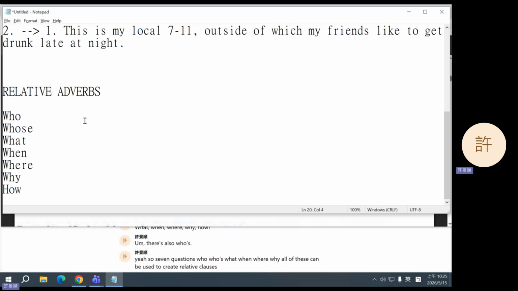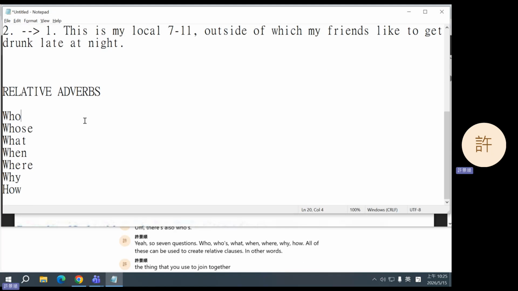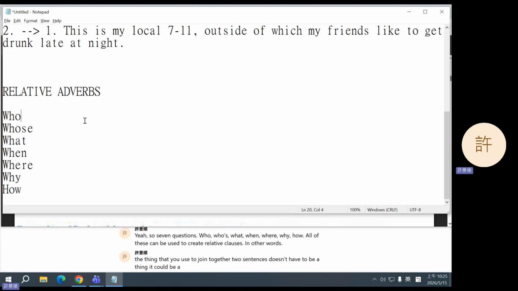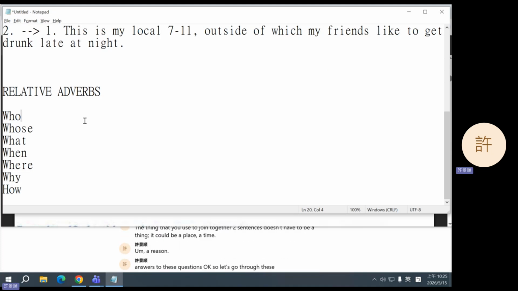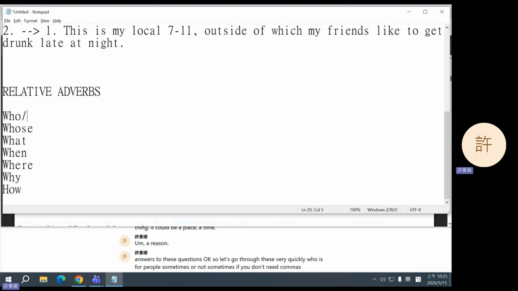In other words, the thing that you use to join together 2 sentences doesn't have to be a thing. It could be a place, a time, a reason. Answers to these questions. Okay, so let's go through these very quickly. Who is for people. Sometimes, or not sometimes, if you don't need commas, you can also use that.